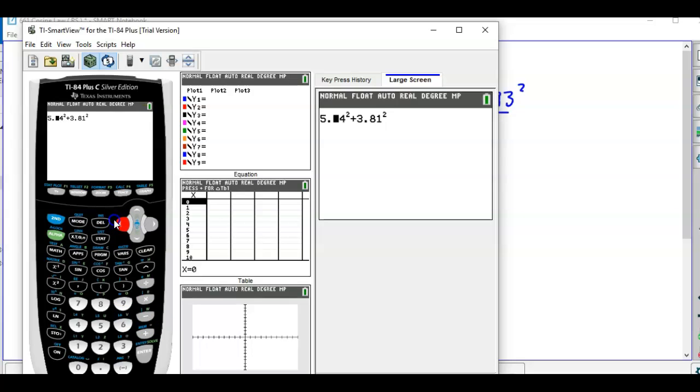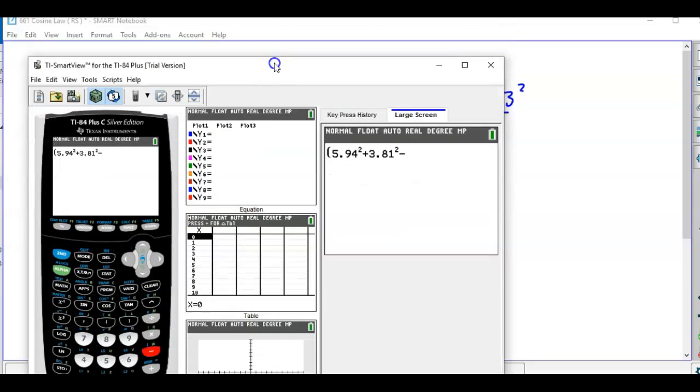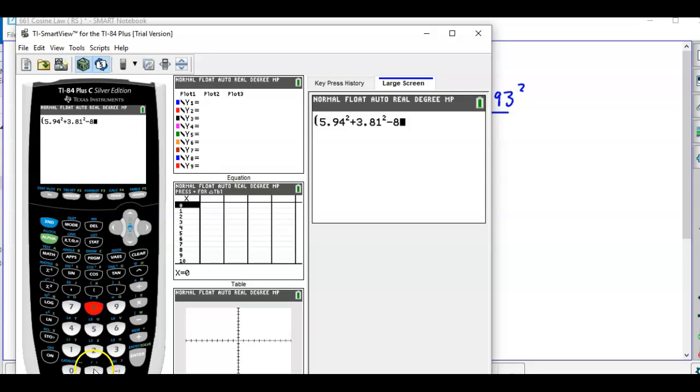So I'm going to go back before I forget, and then insert open bracket. And then I can finish it off. So minus, side opposite was 8.93. Okay, close the brackets, divide, open brackets, 2 times 5.94 times 3.81.